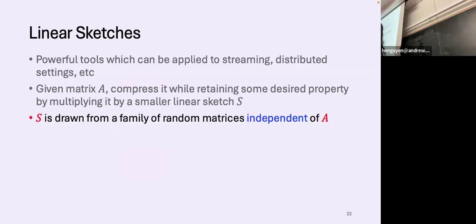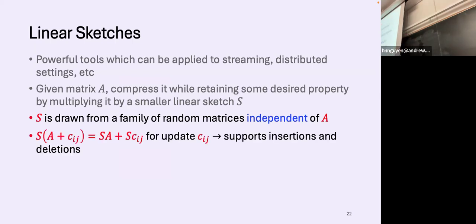Okay, and what properties does S have? Well, first, S is going to be drawn from a family of random matrices, and this family is going to be independent of A, which crucially means that I don't need to see the contents of A and then create S. And second, it supports linear updates, that's why I call it a linear sketch. All this is saying is, let's say I have some update Cij.